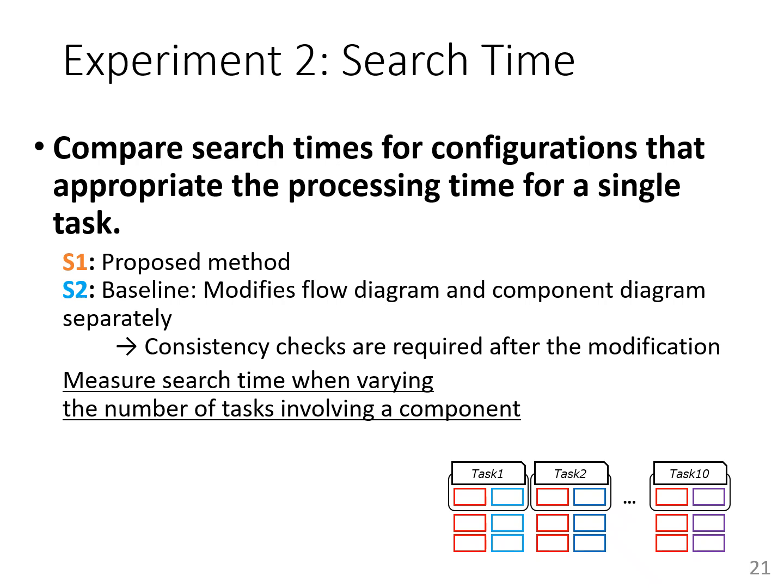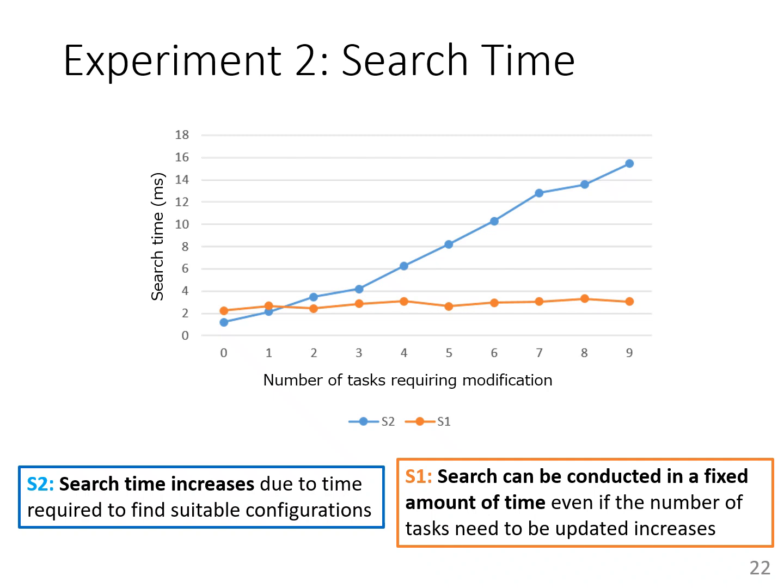In this experiment, we increased the number of tasks associated with a component and measured how long it takes to search for a valid configuration. This figure shows the experimental result. As shown in this figure, with the baseline approach S2, the more tasks that involve the changed component, the more time is needed for modification and consistency checks.